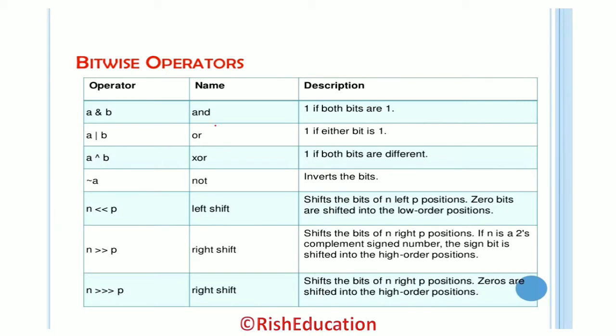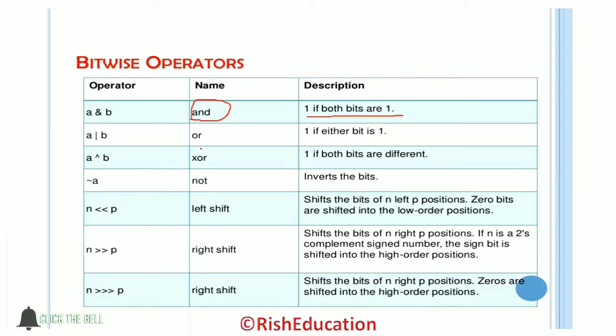First of all, the AND operator. The AND operator is very similar to the logical operators, but it works on individual bits, and if both bits are 1, then it will produce 1.